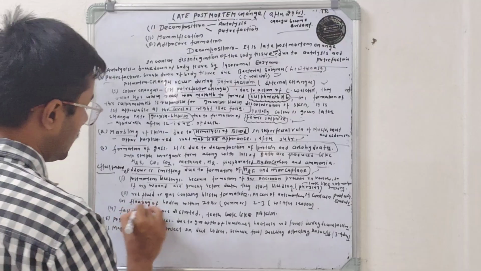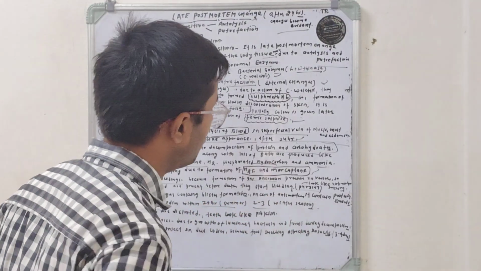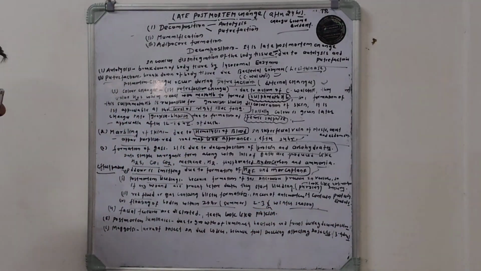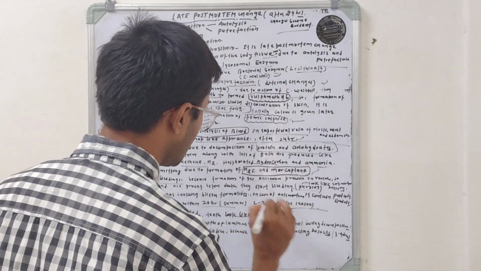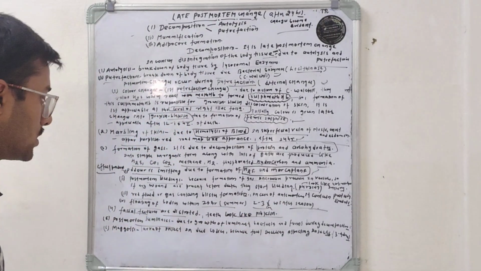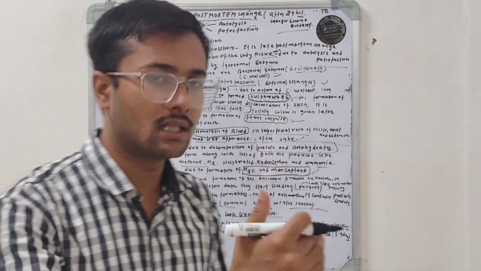The second thing is floating of the body: 24 hours in summer and 2 to 3 days in winter. The next things are that facial features are distorted, the teeth look pinkish, and post-mortem luminescence. Post-mortem luminescence means the body appears to emit light.